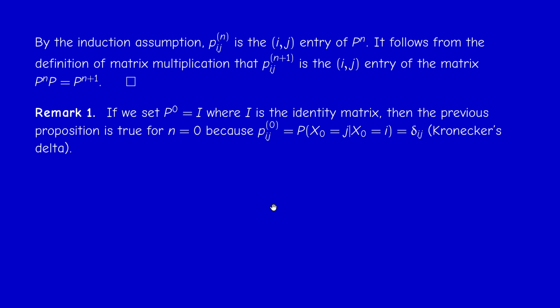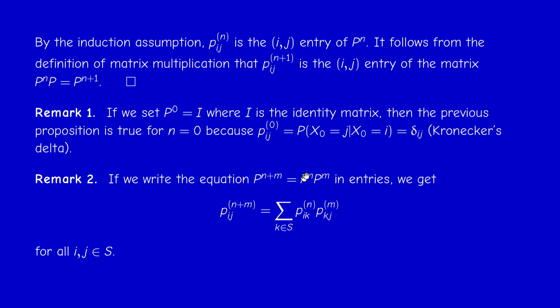Okay. Second remark, if we write P^(n+m) equal P^n times P^m, and go back to the entries, what is the ij entry of P^(n+m)? It's by definition p_ij to the n plus m. And the general term, the ij entry of this product is, as you know from linear algebra, p_ik to the n times p_kj to the m.